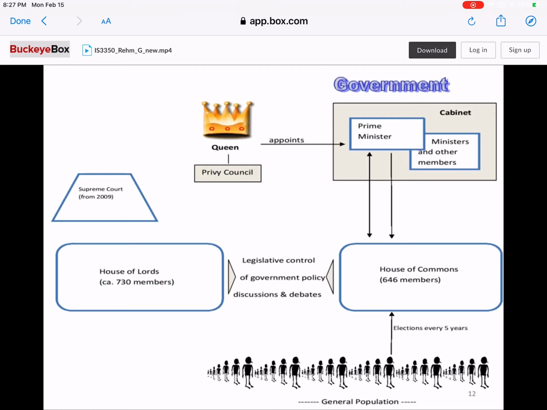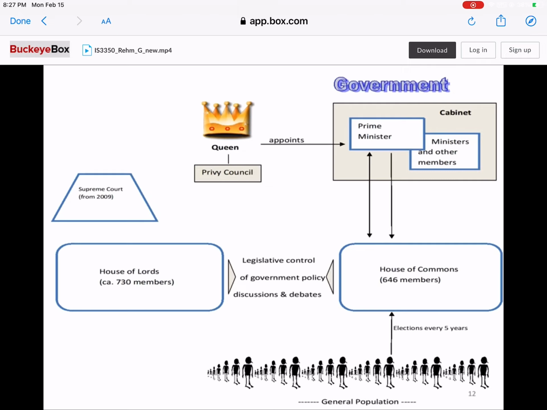Sometimes it's more complicated. If no party has a majority in the House of Commons, then they will need to have some sort of coalition with another party. That happens, but it's fairly uncommon in the UK system. It's extremely common in other parliamentary systems, including Germany, Austria, Sweden, and other systems.